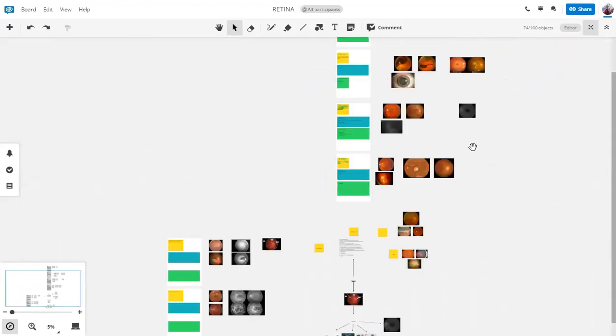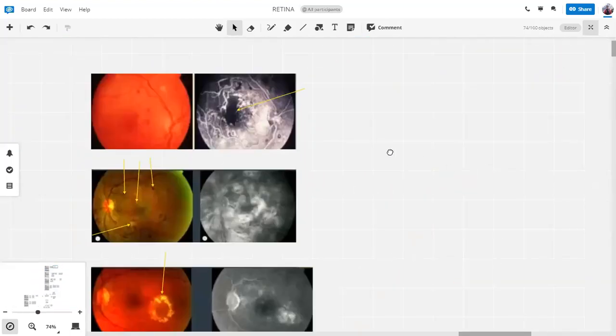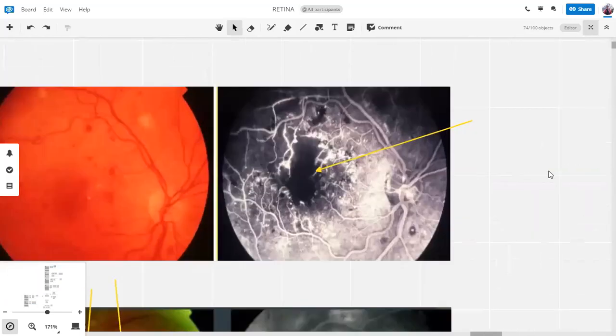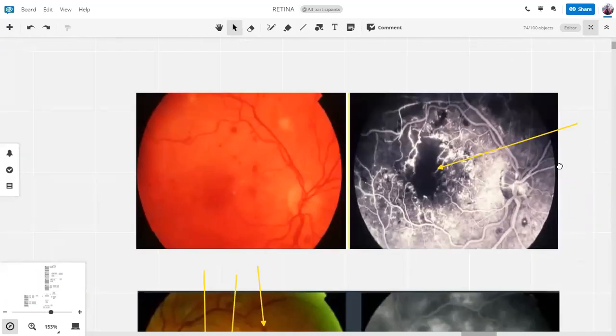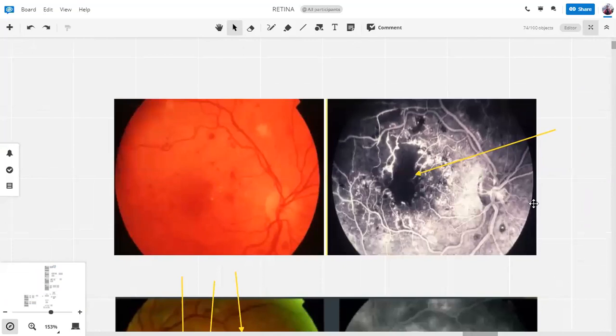And now again, look at this fundus fluorescein. Do you think something is different from the normal picture about the macula? Irregularity. Yes, where is the irregularity? Margins, right? So we can see that there's an avascular zone. This is the macula, and the avascular zone is going upwards towards it, right?